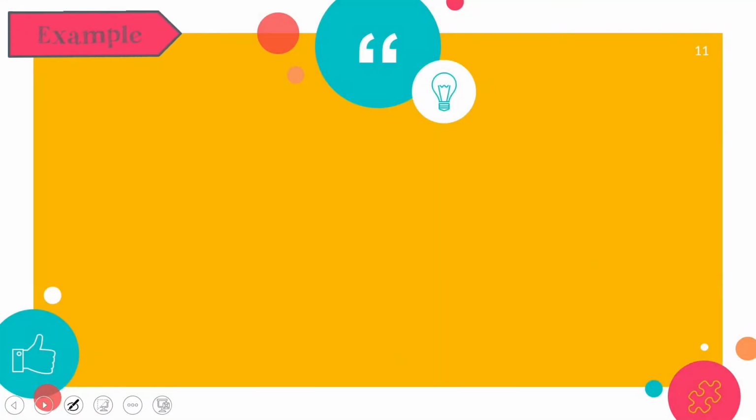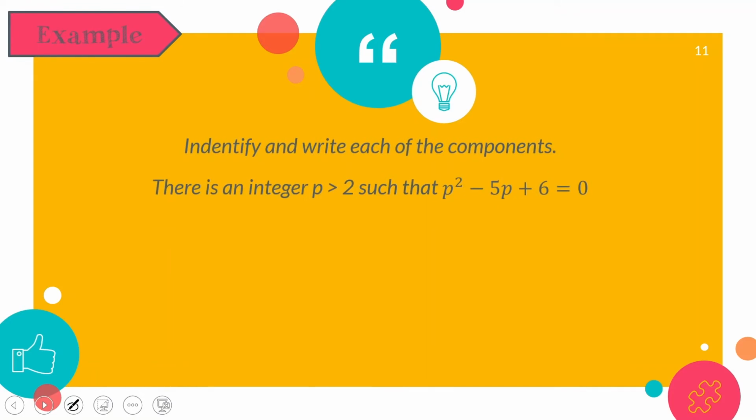For example, identify and write each of the components. There is an integer p greater than 2 such that p square minus 5p plus 6 is equal to 0. So this is the existential quantifier: there is an object. The object is integer p.